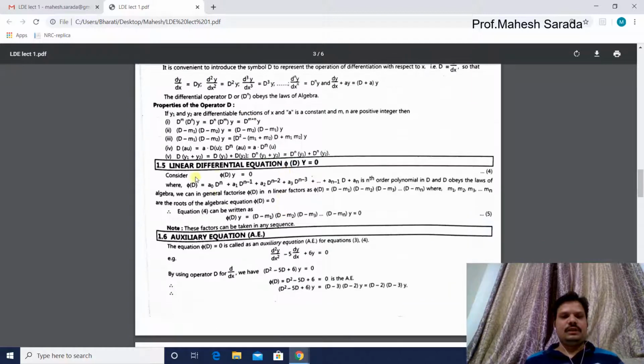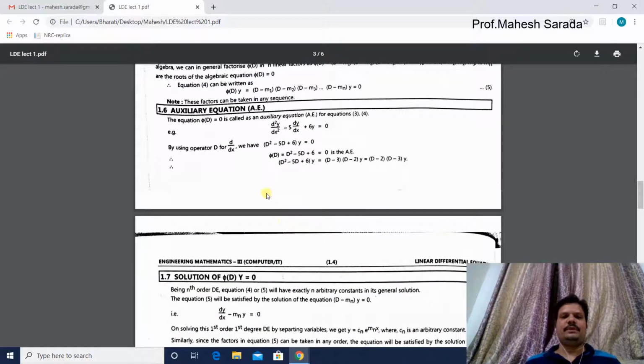Now consider the linear differential equation phi of D into y equated to 0, where phi of D is an nth order polynomial in capital D. So if this is an nth order polynomial, we can find n roots, that is n linear factors like m1, m2, m3 up to mn. So we can write it as these n linear factors. These factors can be taken in any sequence.